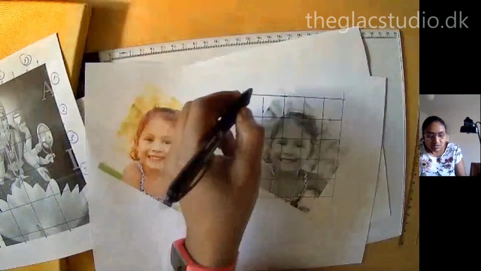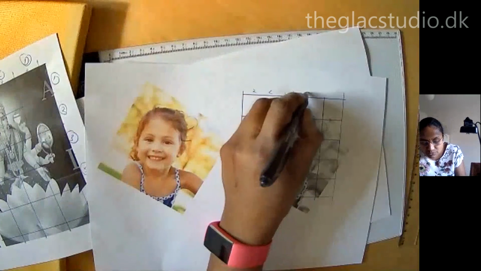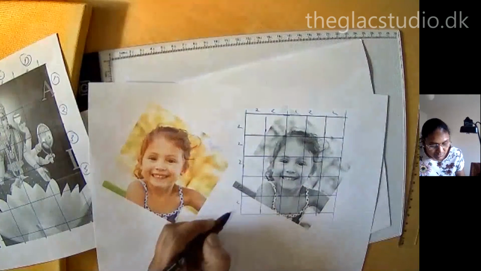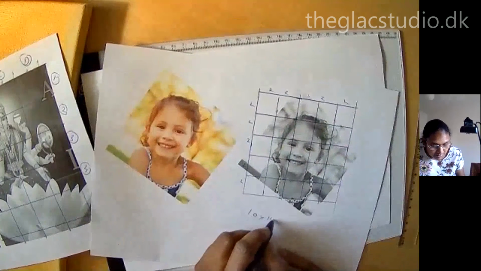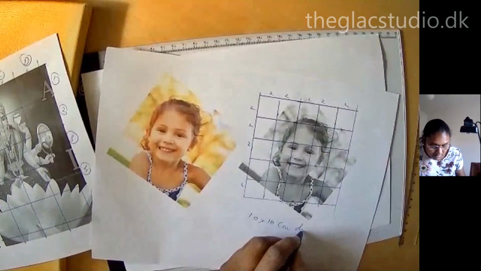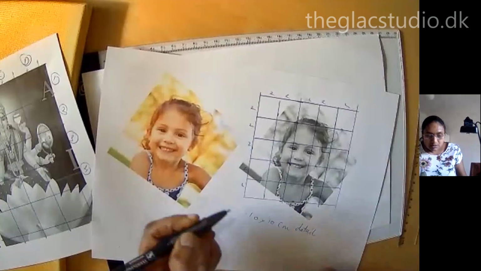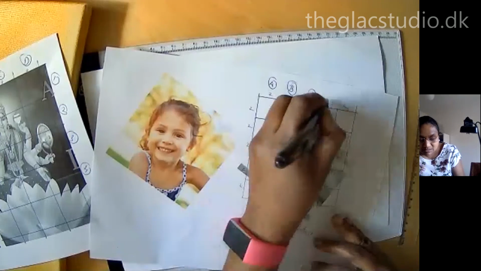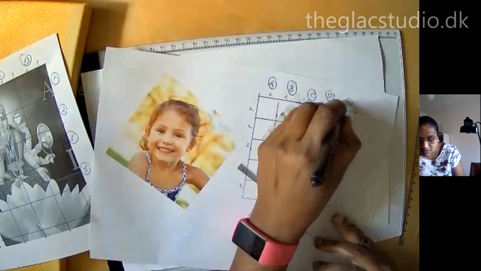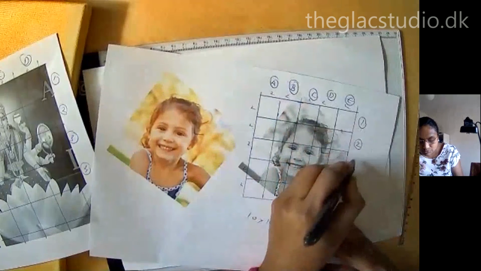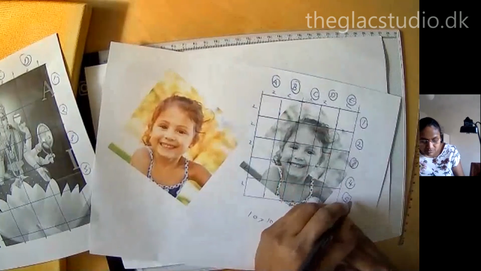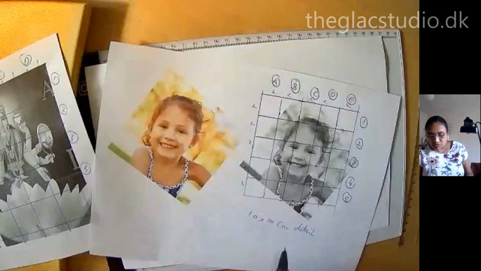So these are 2, 2, 2, 2, and 2 centimeters, a 10 by 10 centimeter detail. Okay, marking A, B, C, D, and E, and 1, 2, 3, 4, and 5, so that it's easier for us to discuss this.